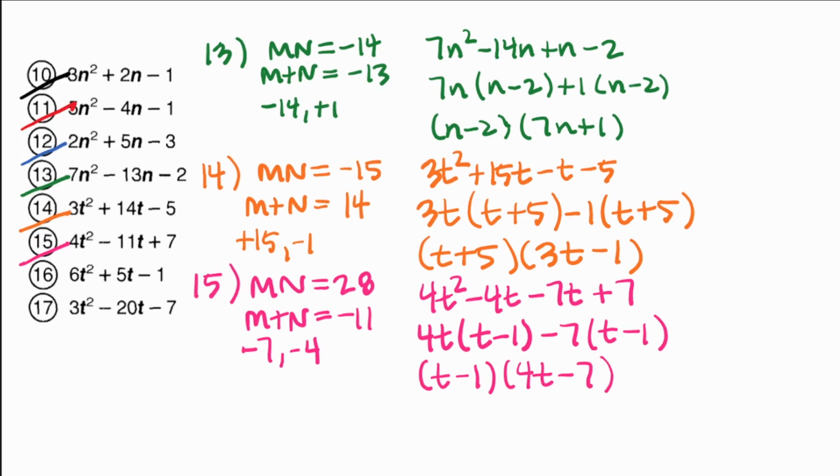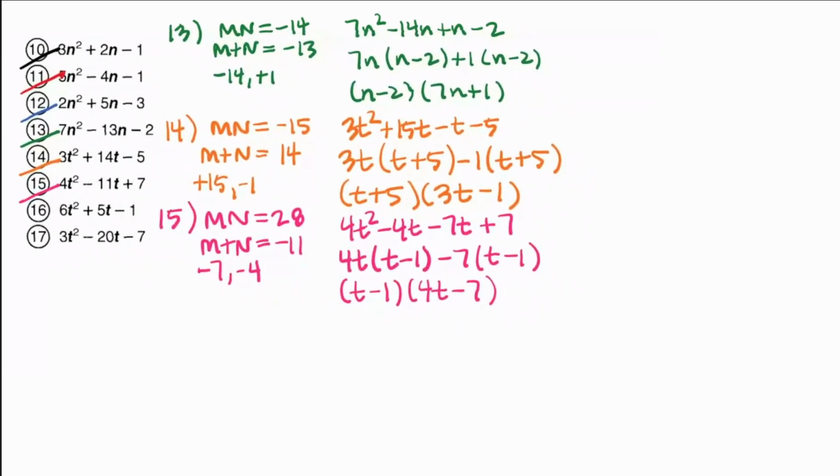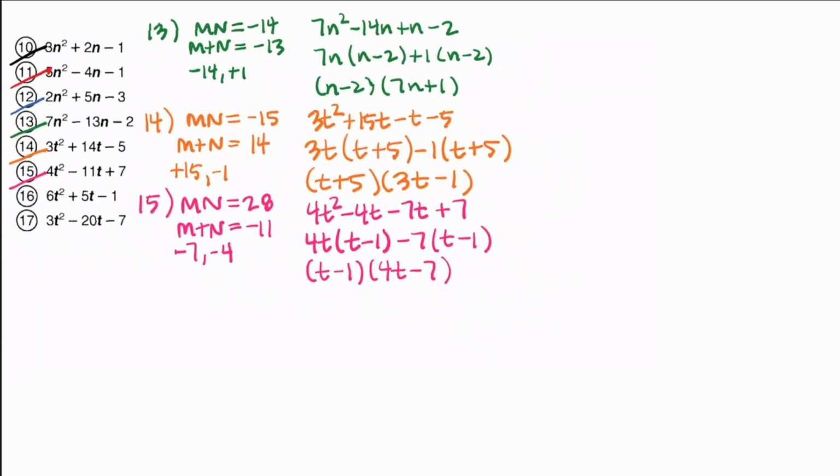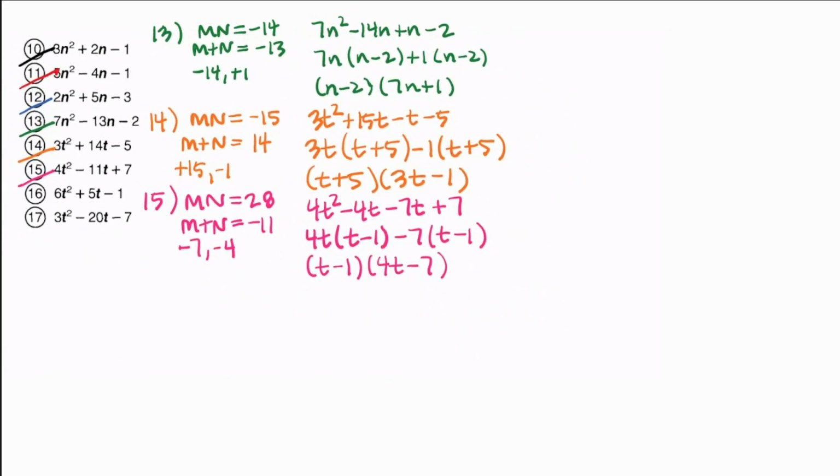Let's see, I think I've got stuff below this too, other factoring practice worksheets, but that should leave me enough room to finish this out. So, number 16, two numbers that multiply to 6 times negative 1 while adding to positive 5. Positive 6, negative 1.